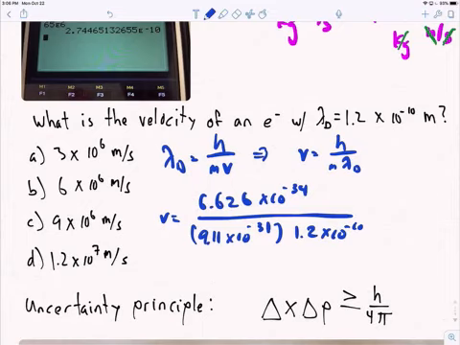Right, okay. Some people think A, 3 times 10 to the 6, 3 million meters a second. I think B, 6 million. Okay, so we got more than half a class going for B. Yeah, B is right, but are you guys not getting it?